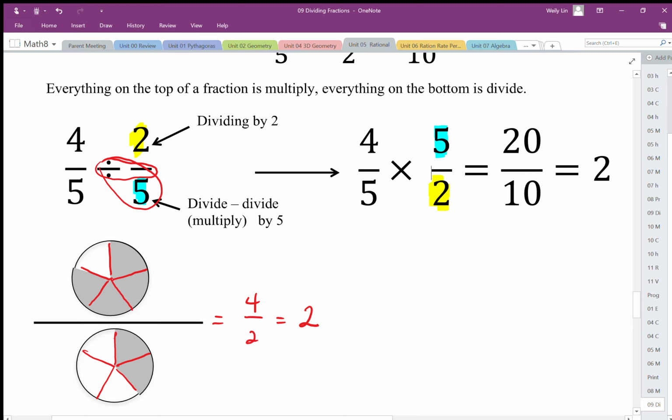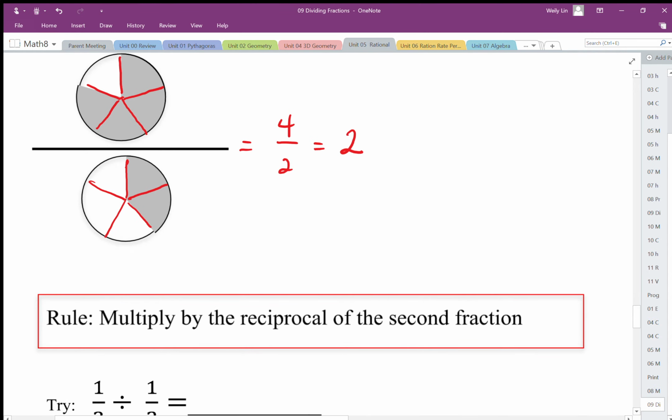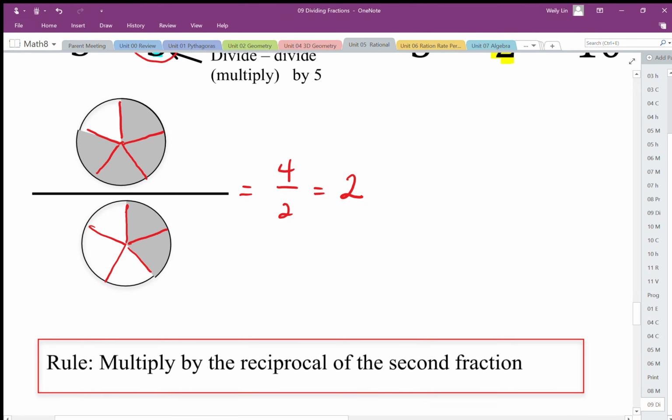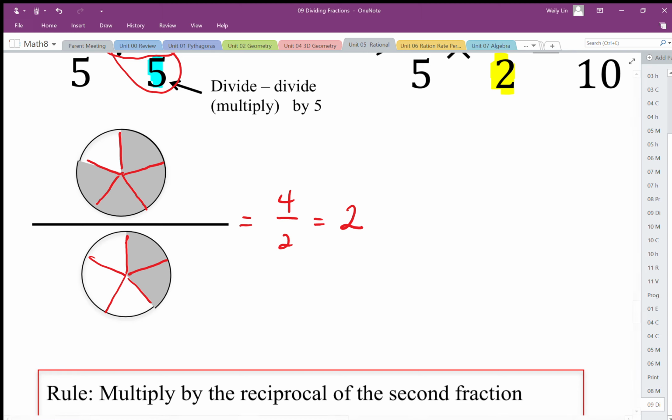So the rule then we can use is, we can multiply by the reciprocal of the second fraction. So when we have divide, we can just change it to multiplication, because a fraction really is just times and divide. So if we multiply by the reciprocal, we've done the opposite. Multiplication is the opposite of our division, and the reciprocal balances that opposite. Anytime we do an opposite and we balance it with another opposite, we're actually doing the same thing.